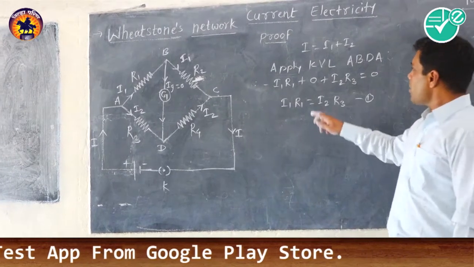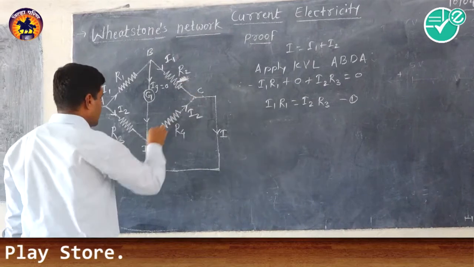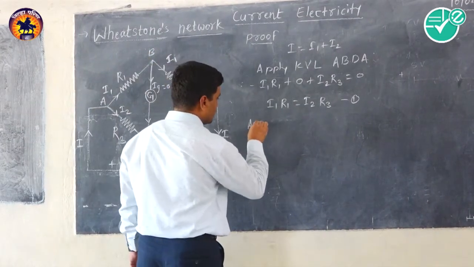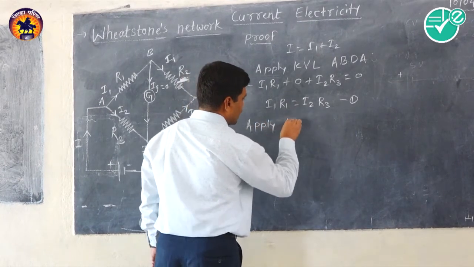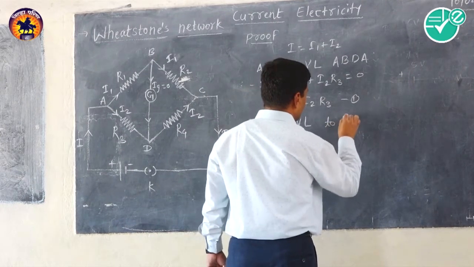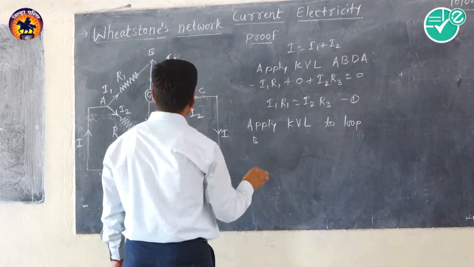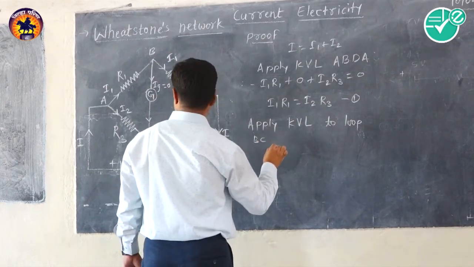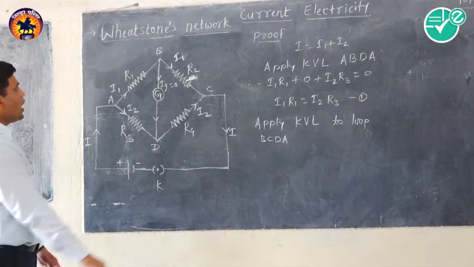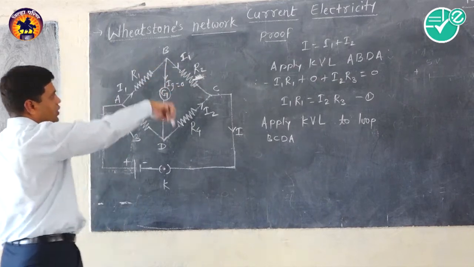Now similarly apply KVL to the other loop, B, C, D, A. Now, as we move from B to C, the direction of the loop and the direction of current is the same.